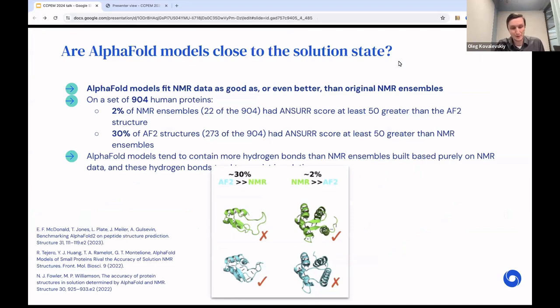For instance, it was found that original NMR ensembles were more accurate than AlphaFold models for only 2% of the cases. And these few models were predicted with low confidence. However, 30% of AlphaFold structures have scores substantially better than the original NMR structures. So we believe that these studies prove that AlphaFold is able to generalize beyond the crystal state.